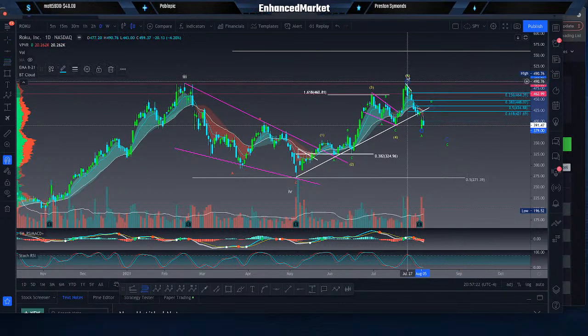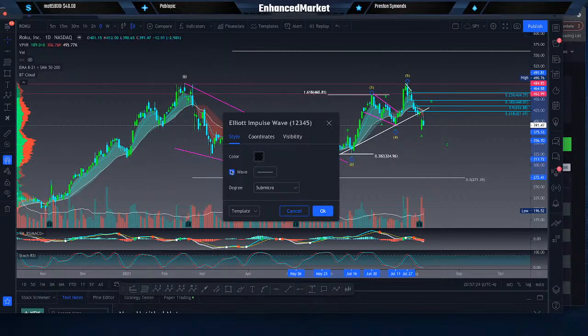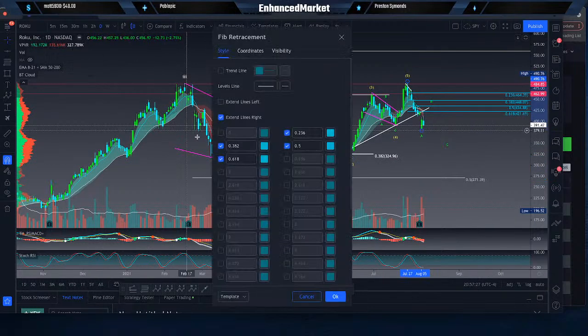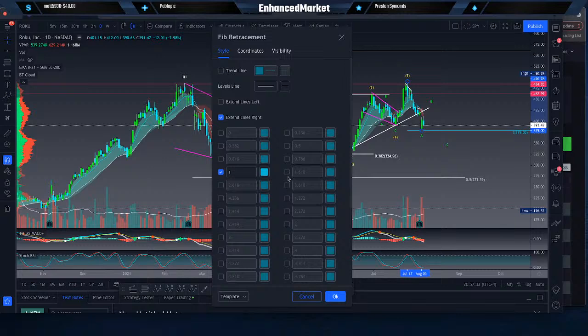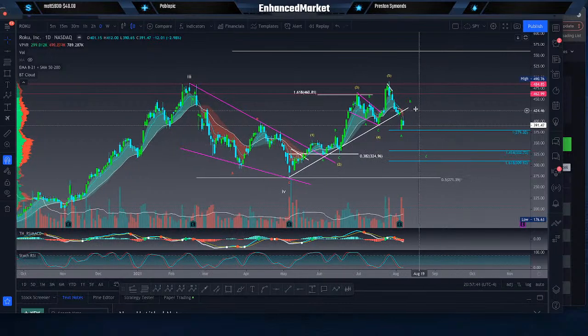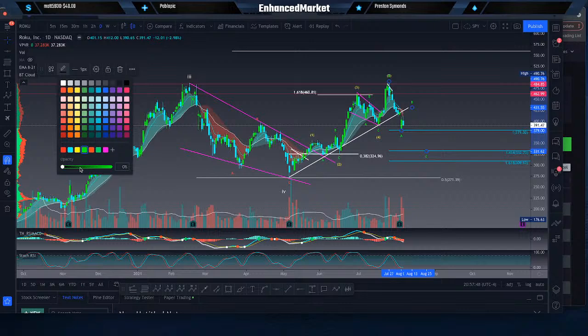Which the targets, right, for a wave C are 116.18 and the 14.14. So a C wave would probably end either down here or down here. All right, something like that.